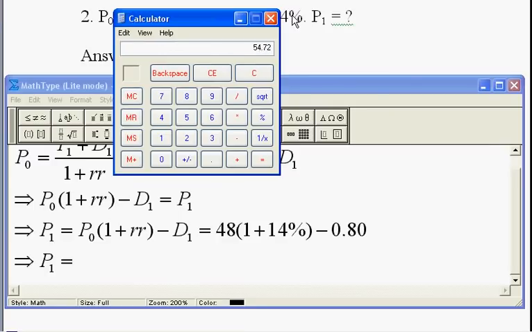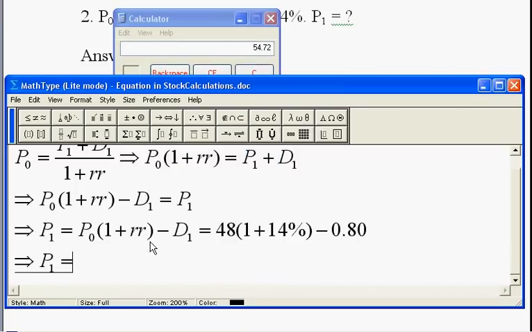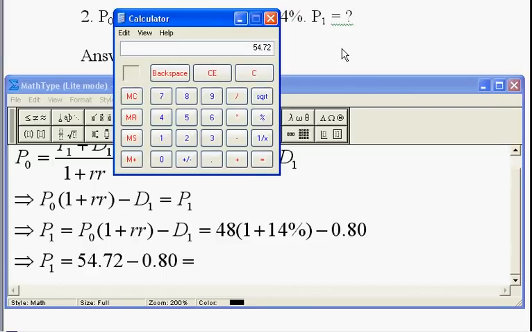That gives us 54.72. So what I have is 54.72. Then minus 0.8, right? So this one minus 0.8, I got 53.92.